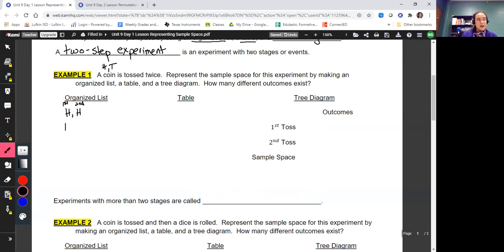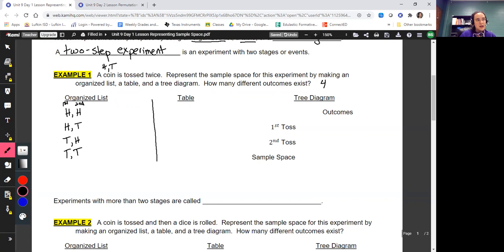On the first toss, we could have heads. On the second toss, we could have tails as another option. We could also have tails for the first toss and heads for the second toss. And we could also have tails for the first toss and tails for the second toss. So that gives us 4 possible outcomes for tossing 2 coins.